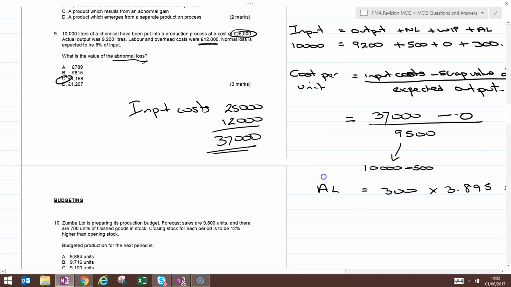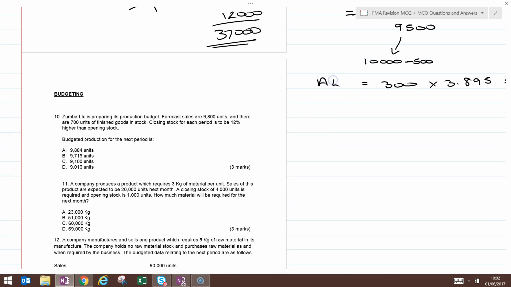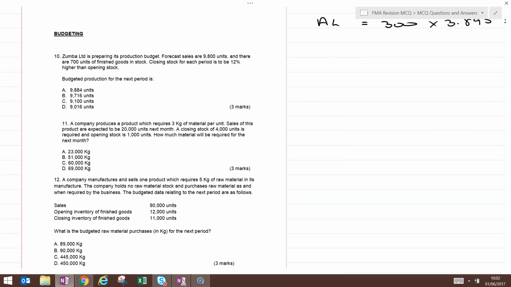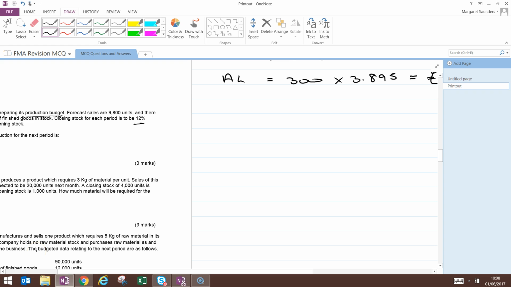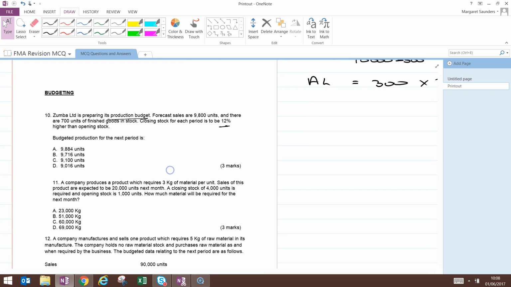Right, next section of questions relate to budgeting. So, the production budget. When we're working out our production budget, we need to consider what we're selling, how much we already have in stock, which is our opening stock, and how many we want to keep in stock, which is our closing stock.